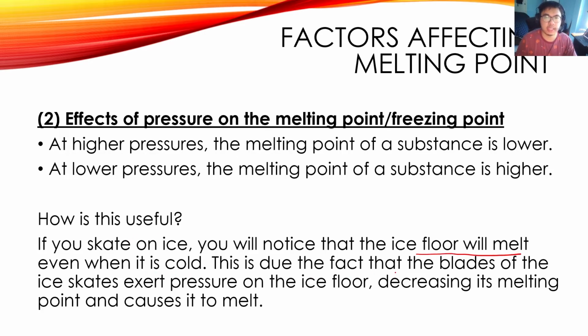This is due to the fact that the blades of the ice skates are very sharp. They exert a lot of pressure on the ice floor. Sharp objects have small surface area and therefore give a high pressure. Because of this high pressure, it decreases the ice's melting point and the ice becomes water easier, causing it to melt.